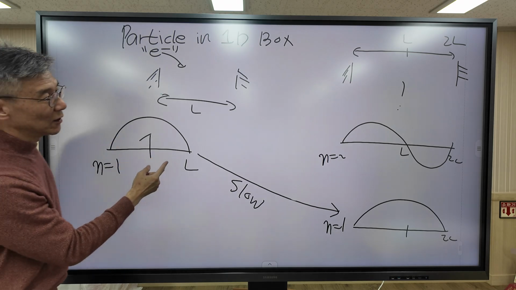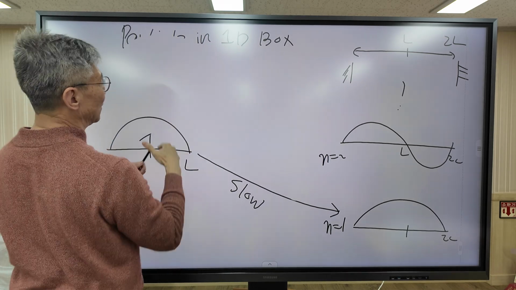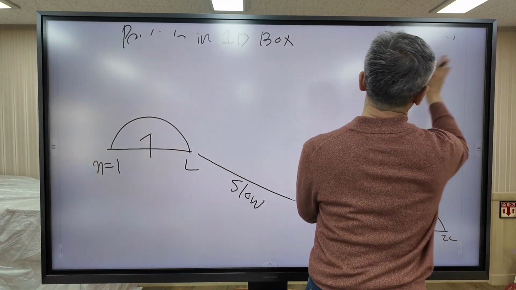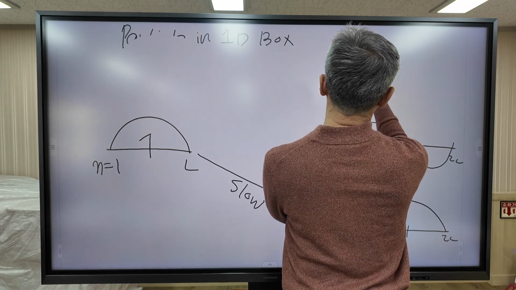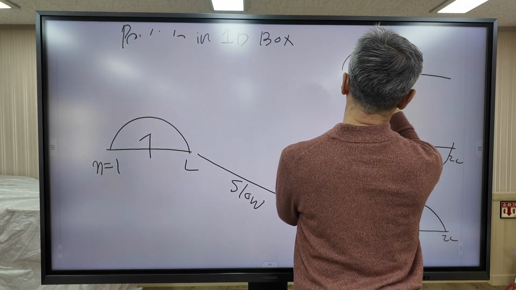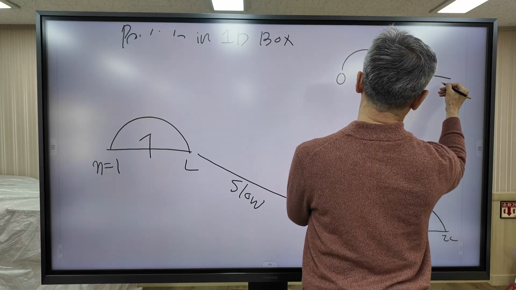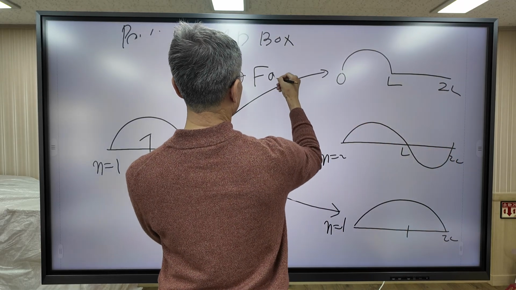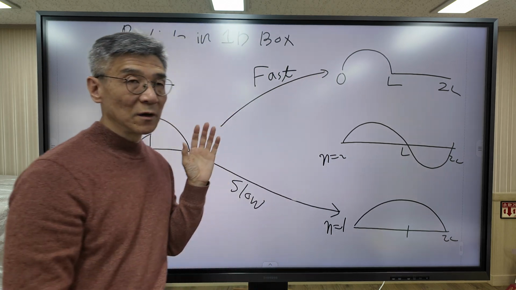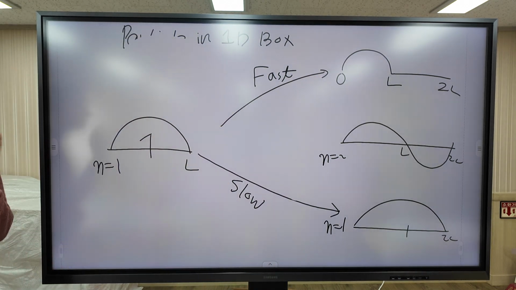So final state looks like this. Right? Because electron has no time to adjust to the wall.